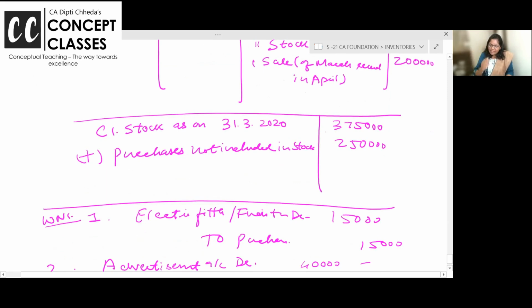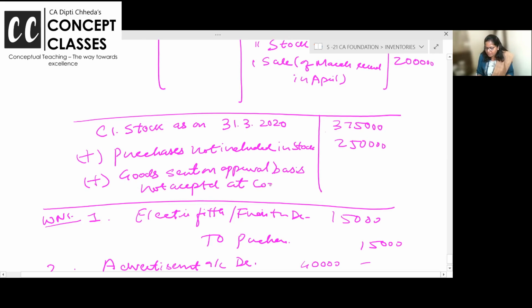Shall I first add it in my stock at cost? Yes. Goods sent on approval basis, not accepted, at cost. I have sent goods on approval basis, but they didn't accept it. So now is it a part of my stock or not? 75,000. Answer is yes. Absolutely it is part of my stock, 75,000.